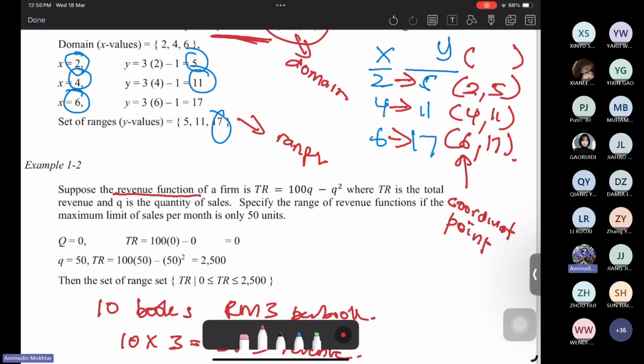This form is called a coordinate point. We can get the coordinate point of x and y. But remember, in a coordinate point there is one value of x and one value of y. The first number is for x. The second number is for y. That's the relationship.